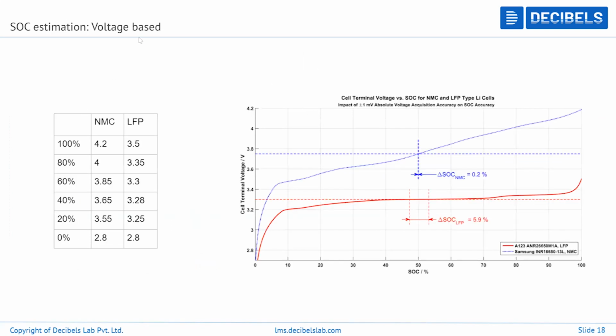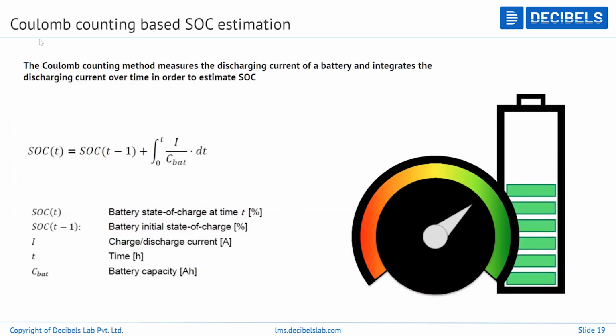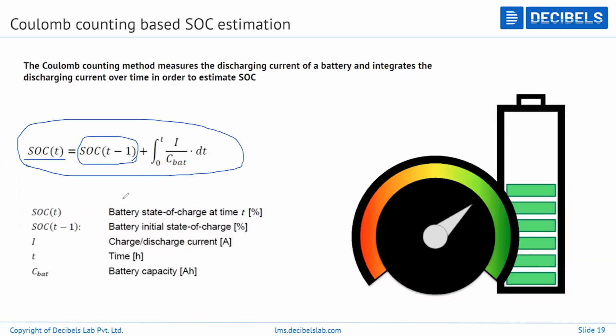Then we talk about Coulomb counting based. We use this equation to calculate the SOC. This is your previous SOC, and you are integrating the current with respect to time, and finally dividing it by the battery capacity.